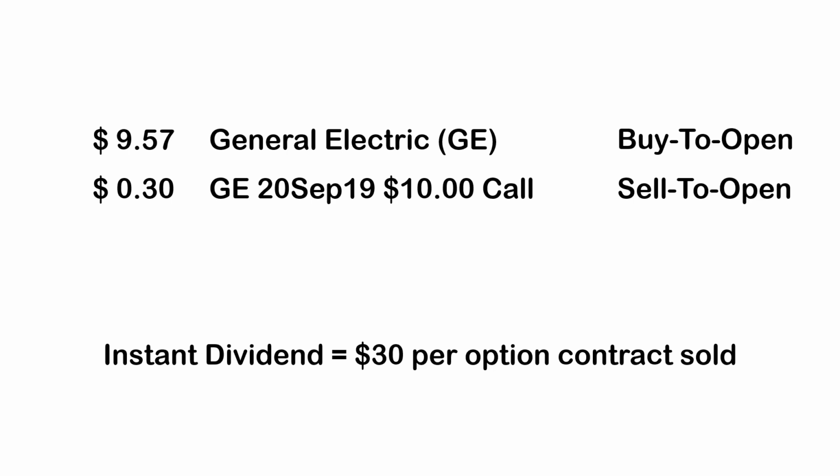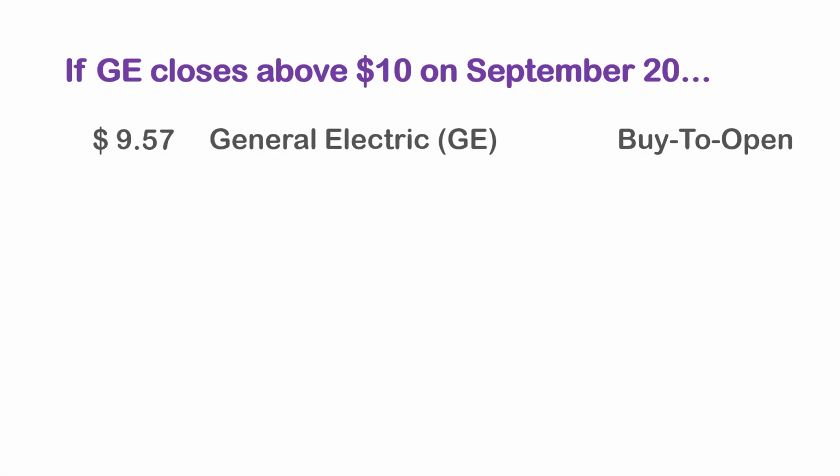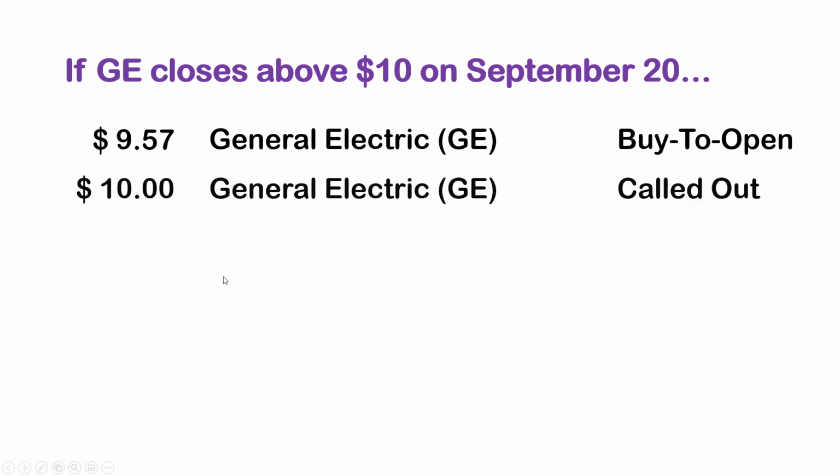It's kind of like a coupon. If you think about it, I'm buying GE, and then because I sell this coupon against it, I'm buying GE at a discount. A couple of different ways to think about it. So let's go through the example. If GE closes above $10 on September 20, that means that we paid $9.57 for GE.